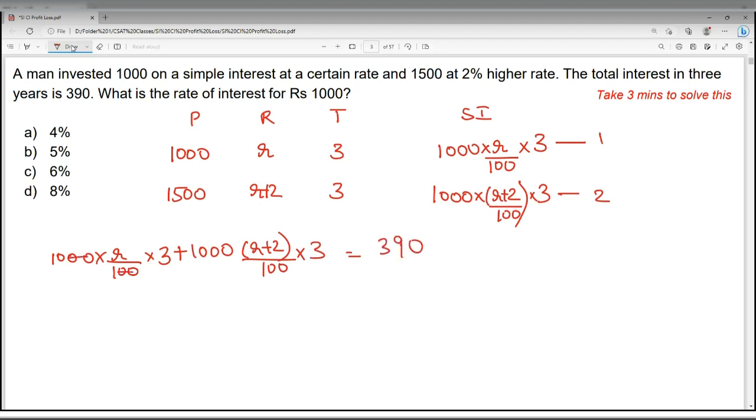Two zeros cancel, and then we have 30R plus 60 is equal to 390.